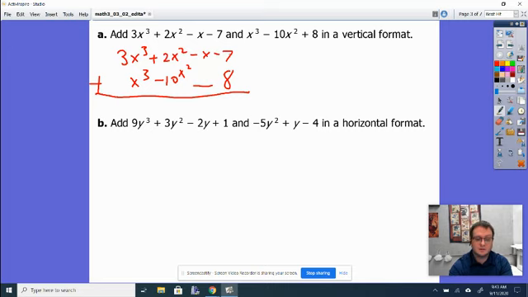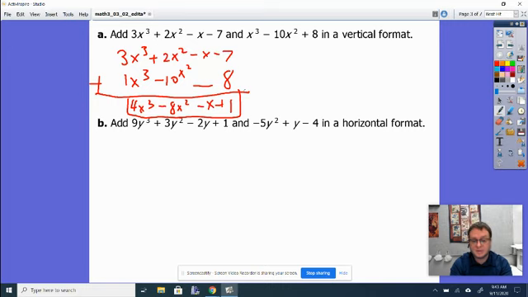Negative 7 plus 8 is going to be positive 1. Negative x plus nothing is negative x. 2x squared minus 10x squared is minus 8x squared. 3x cubed plus 1x cubed, the invisible 1, is 4x cubed. And there's my answer, done.